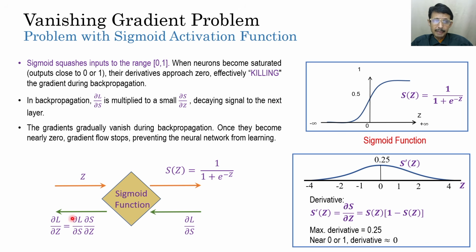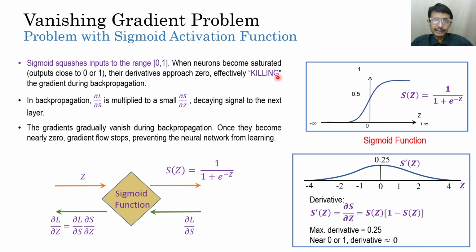This is absolutely going to happen because dS/dZ is way less than 1, so the gradients gradually vanish. Once they become nearly 0, gradient flow stops, preventing the neural network from learning. So this is the problem with sigmoid nonlinearity, and that's why the sigmoid function is not very good for a deeper network.